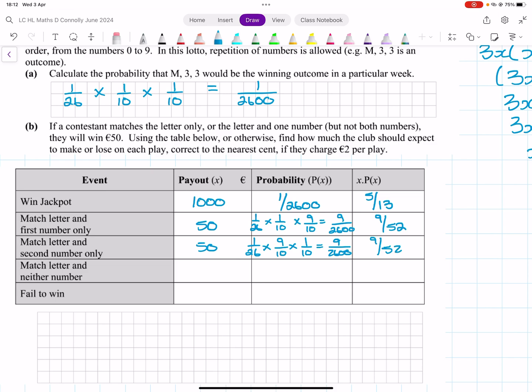Match letter and neither number. So again, you still get 50, but this time it's 1 over 26, 9 over 10 because you're not matching it, and 9 over 10. So it's 81 over 2600. 81 over 2600 multiplied by 50 is 81 over 52. And the last one is fail to win, so it's 0.